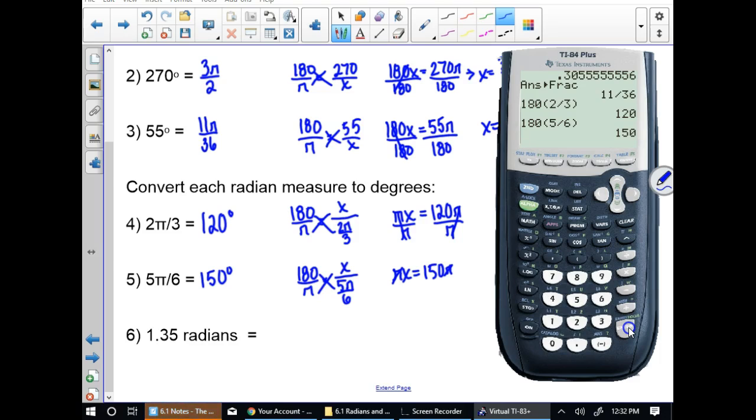Be careful on one like number 6, because on 4 and 5, our pi's canceled out, so we just marked them out, right? Number 6, you don't have a pi in your radians, so the pi's not going to just cancel here. So we'll have 180 over pi equals x over 1.35.